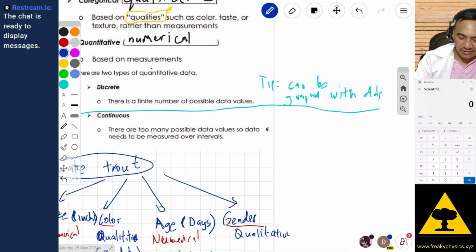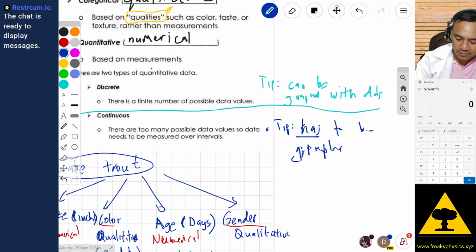So here, if it's continuous, this has to be graphed with a line.